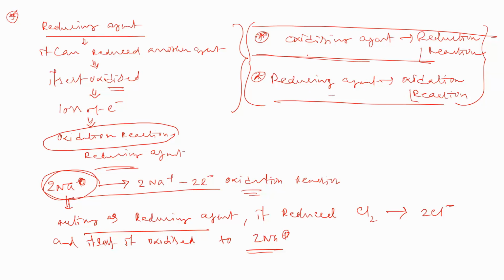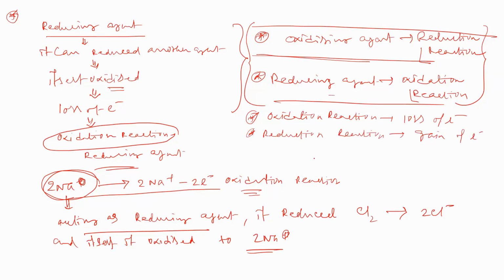Oxidizing agent means it can oxidize other species and it itself is reduced, and reducing agent means it can reduce the other species and it itself is oxidized. And also oxidation reaction means loss of electron, and reduction reaction means gain of electron.